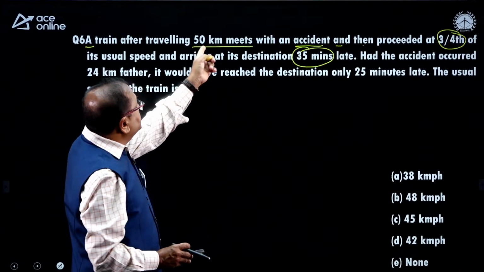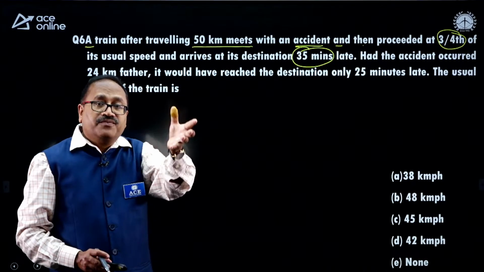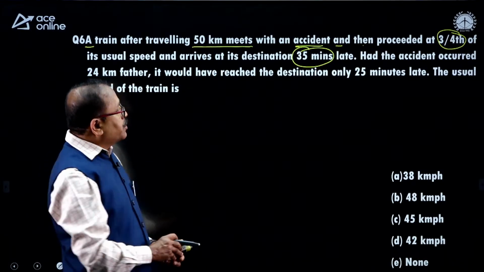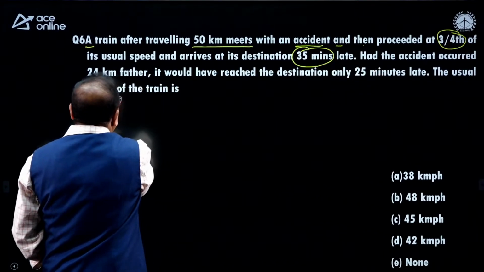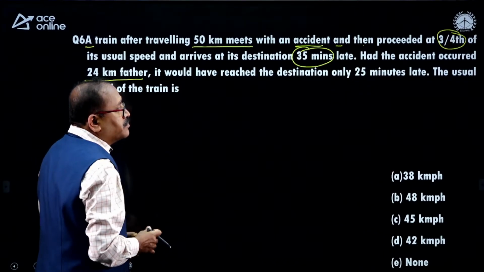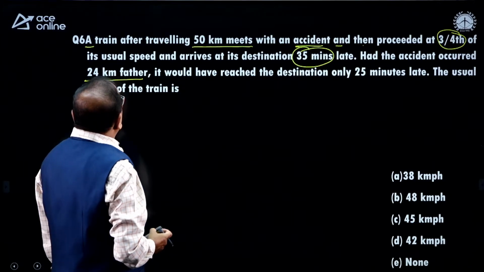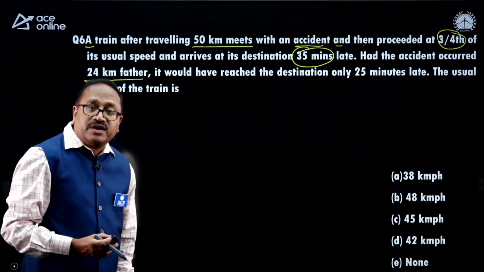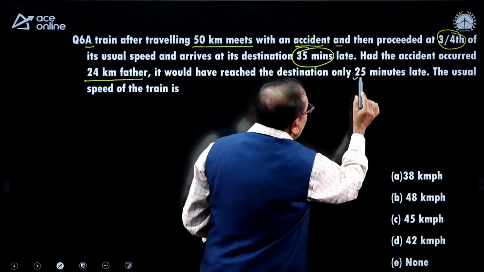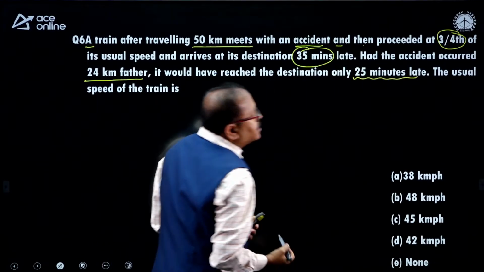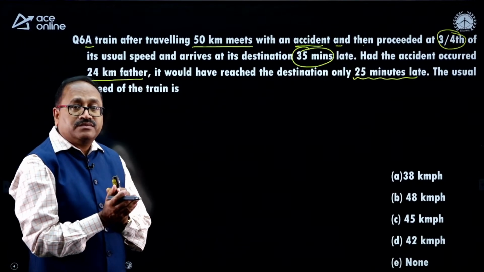After it met an accident after traveling for 15 kilometer. Okay. Next, had the accident occurred 24 kilometer further, if this accident would have happened 24 kilometer further, then he would have been only late by 25 minutes.